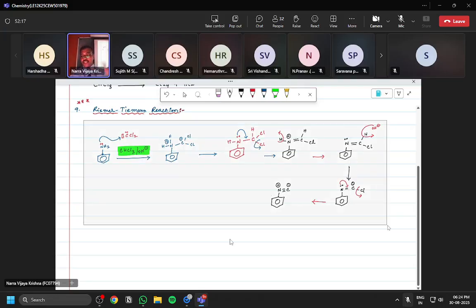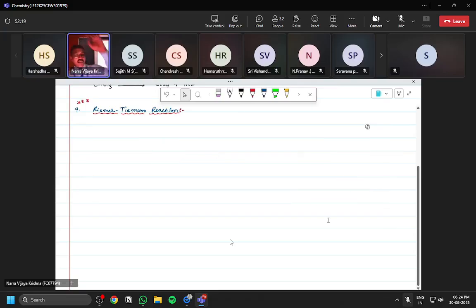So we are already done with this. Now we are going to see the second one, that is nothing but the Reimer-Tiemann reaction. Here, phenols react with chloroform and base and form salicylaldehyde.